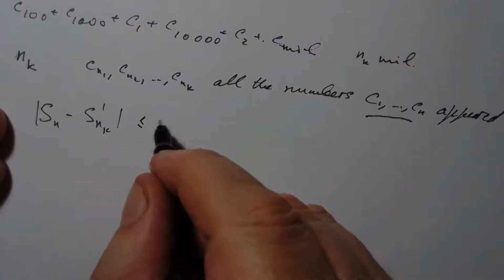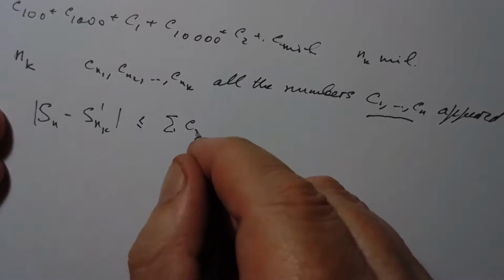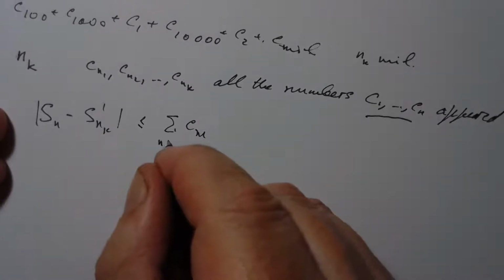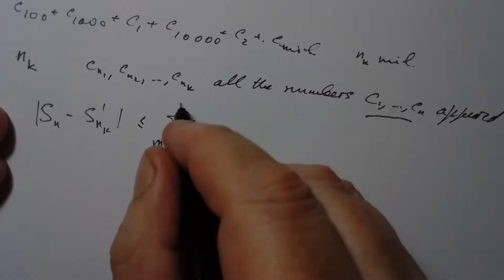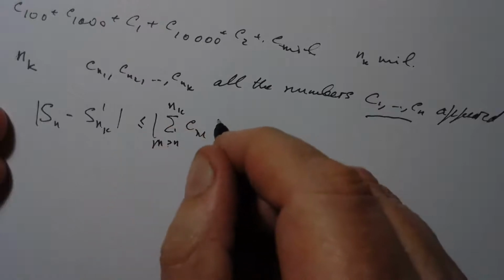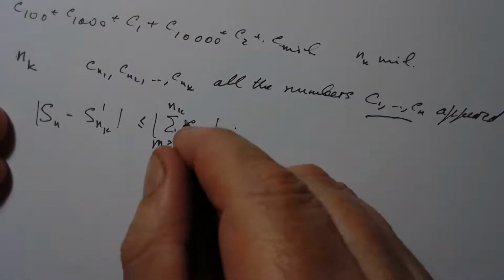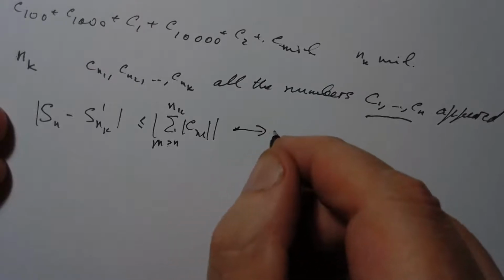And so this will be less than or equal to the sum of C sub m, m greater than n and less than n_k.